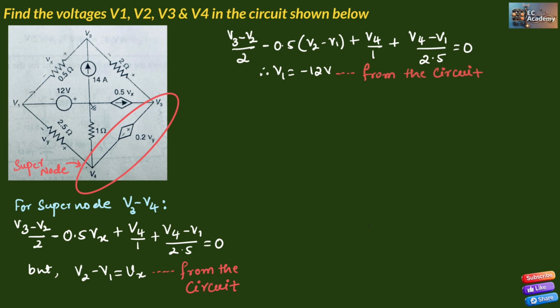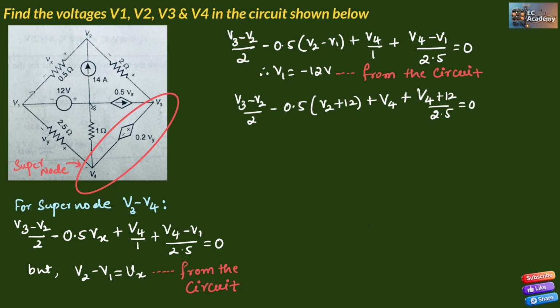So if we substitute V1 is equal to minus 12 volt in the above equation, we can write (V3 minus V2) divided by 2, minus 0.5 into (V2 plus 12), plus V4, plus (V4 plus 12) divided by 2.5, will be equal to 0.